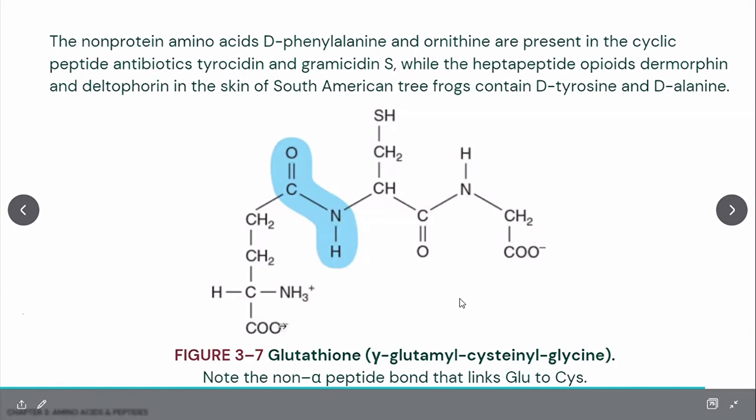This carboxyl group here. This is the gamma carbon. That is the alpha, beta, gamma carbon. This is the carboxyl group of your, so you have gamma glutamyl cysteine glycine. So you have here glutamate, and this one, your cysteine, has an SH group there, and then this is your glycine, and this is your glutathione.